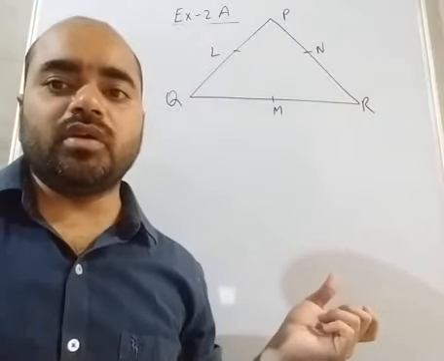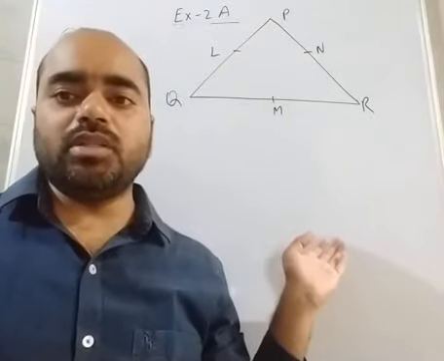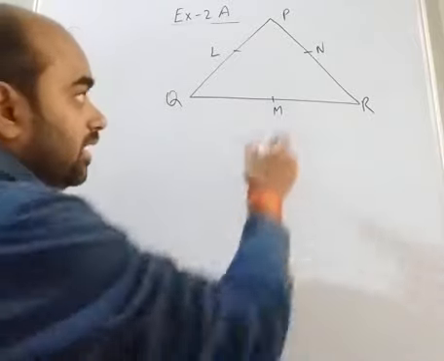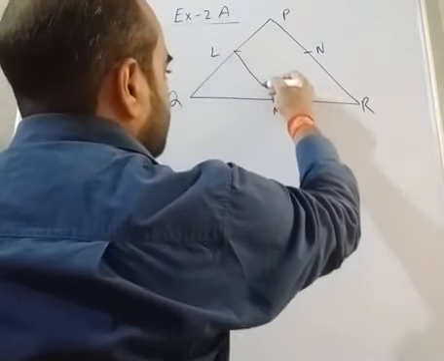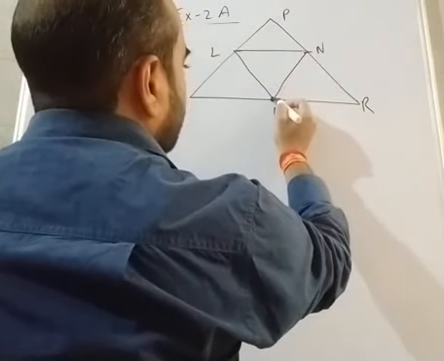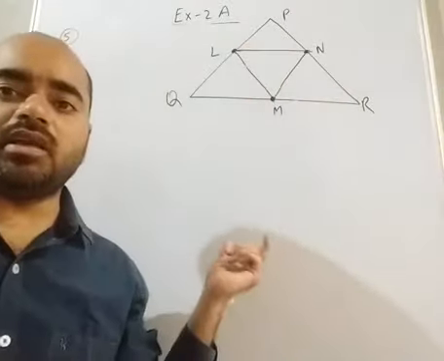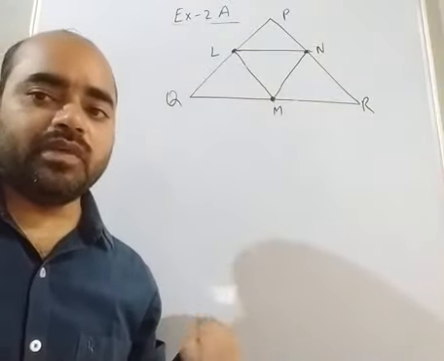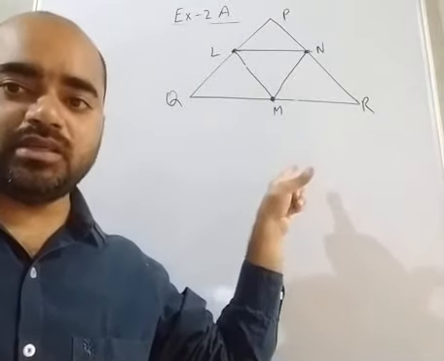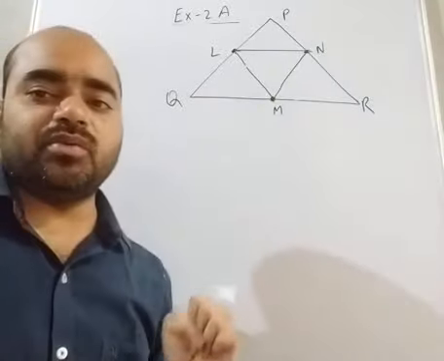First we have to join the points L, M and N. When you join the points L, M, N, we get a triangle, that is LMN. Now we have to prove that the perimeter of the smaller triangle LMN is half of the perimeter of the bigger triangle PQR.